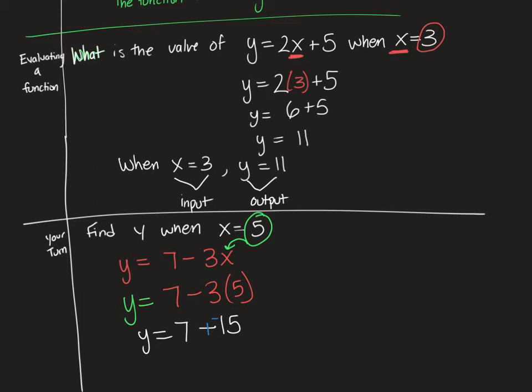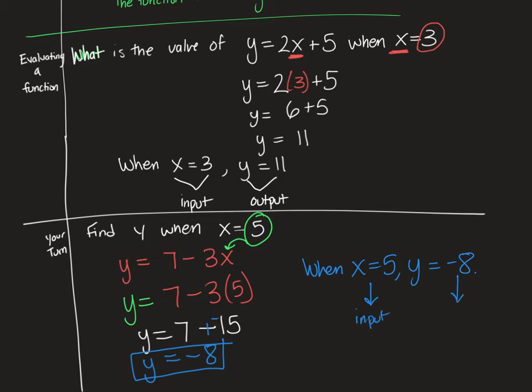Therefore, you have 15 negatives and 7 positives. You have more negatives than positives, so you subtract those from each other and you make your solution negative. So we found that when x is 5, y is negative 8. In other words, our input of 5 produces an output of -8.